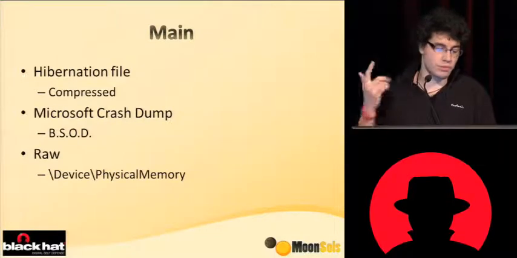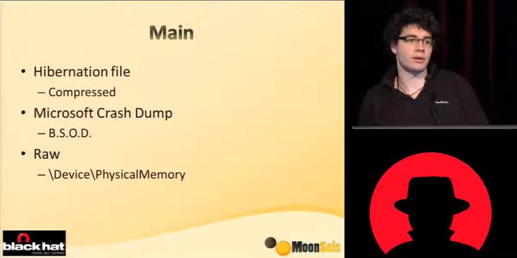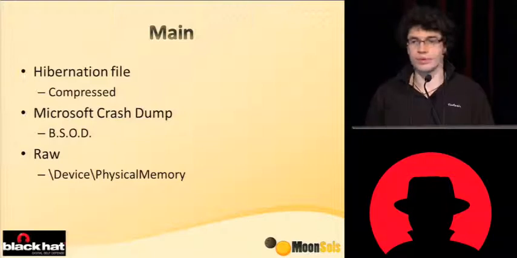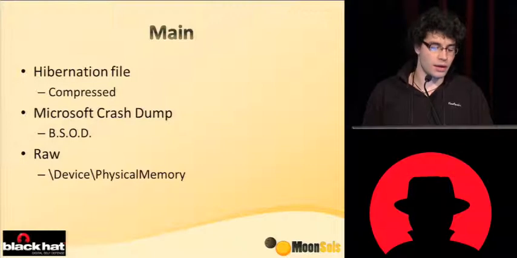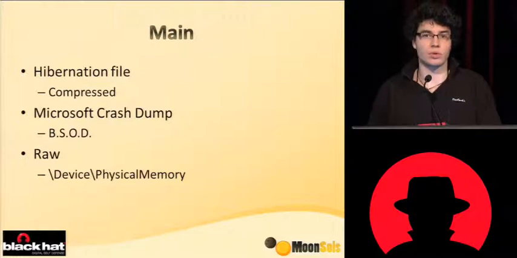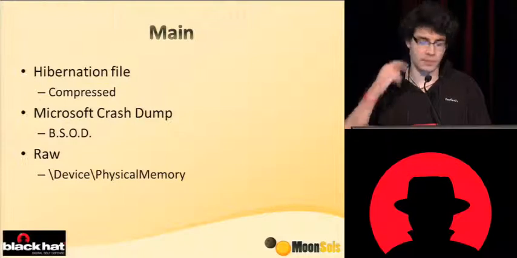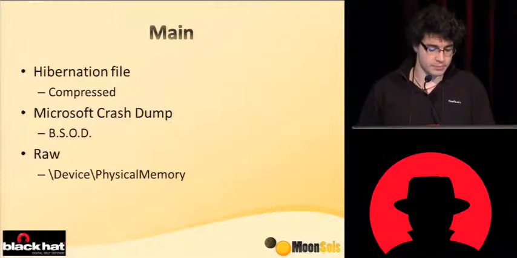And to get a Microsoft crash dump, actually, we only have the blue screen way, but we will see with the tools I'm going to present that this is no longer the case. And we can still generate a raw memory dump. So let's say you are using the dd executable and you try to read the physical memory device. You will have a raw dump of the physical address space.